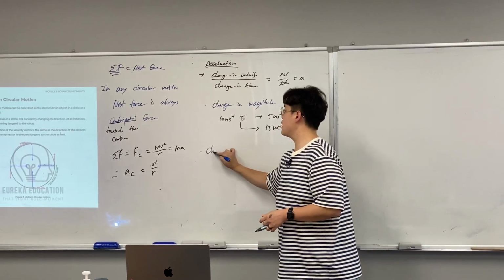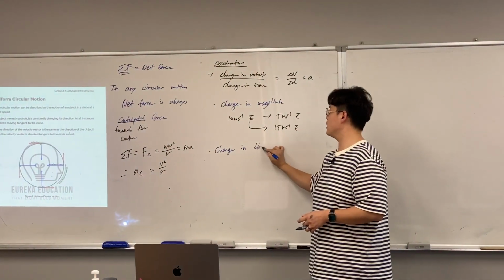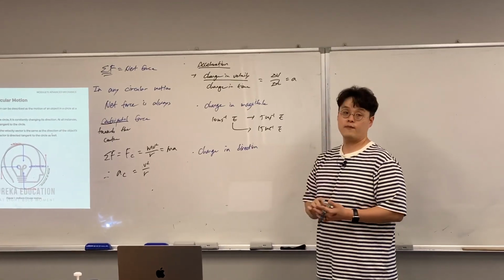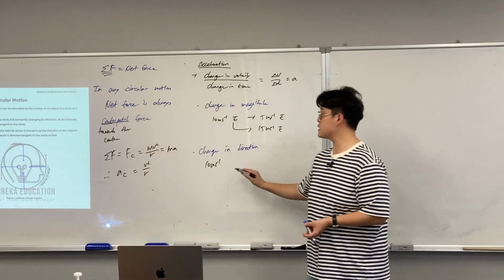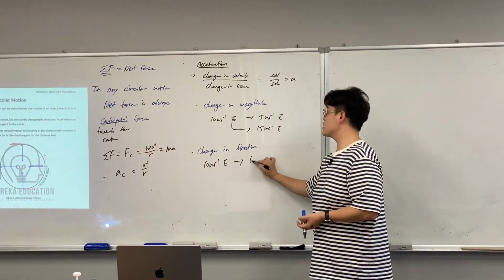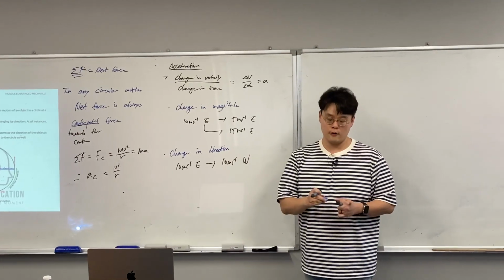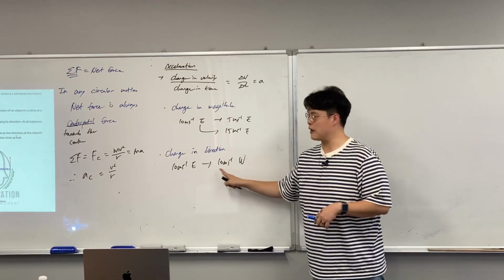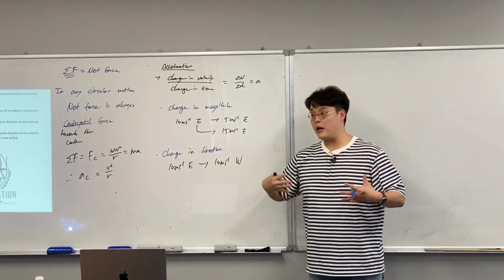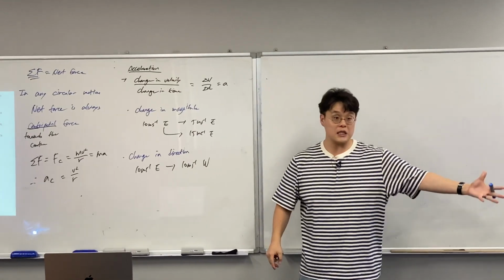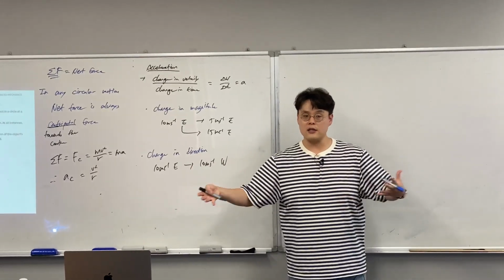What about the second one? We can also have a change in velocity by a change in direction only. For example, same speed, 10 meters per second to the east. Now change it into 10 meters per second to the west. Steph, can we say these two are the same vectors or same velocity? When I say you're moving at 10 meters per second to the east compared to 10 meters per second to the west, are they the same velocity?